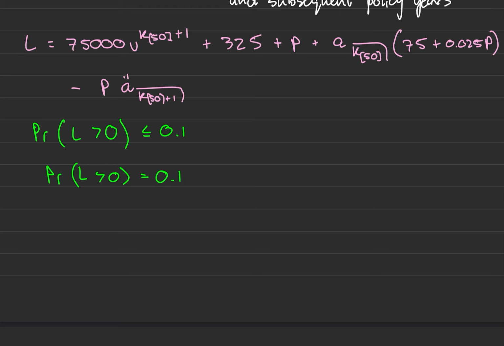Now, this event that I make a loss can be expressed in terms of these K's and T's that I'm trying to find. More explicitly in terms of T's, but T's and K's are related, so I'm going for T's here, T being the complete future lifetime, K the curtate future lifetime.